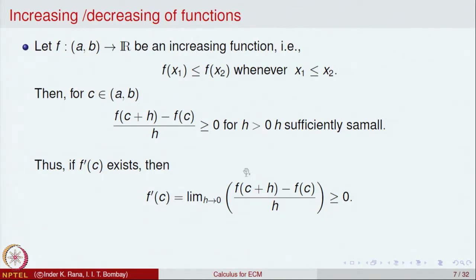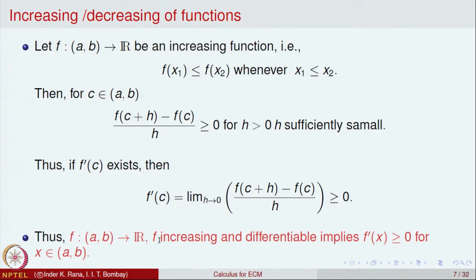What we are saying is, if a function is increasing and differentiable at the point c, then the derivative is bigger than or equal to 0. So, that is a conclusion that we are getting from here. So, we get, if f on (a, b) is such that f is increasing and differentiable, say at a point x, then f dash of x is bigger than or equal to 0. Right?